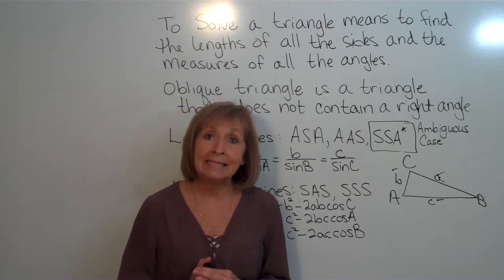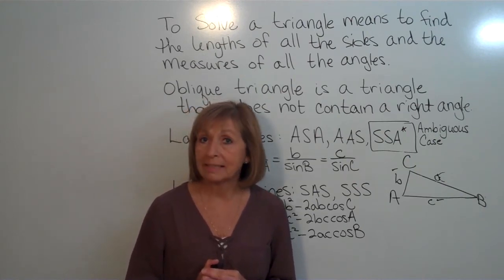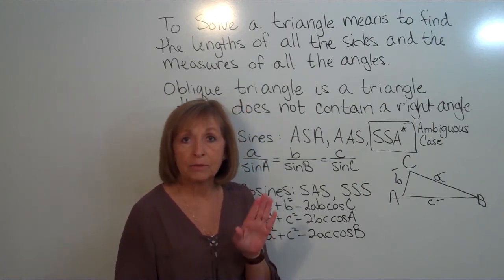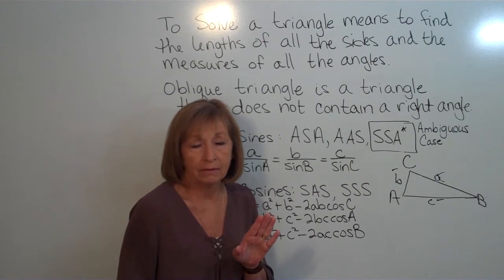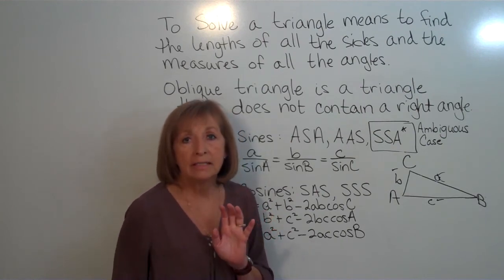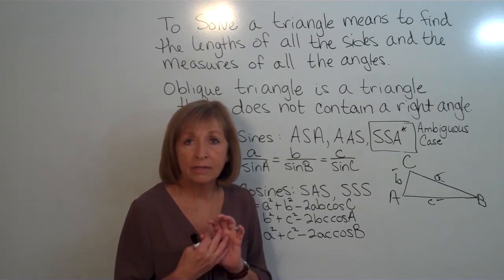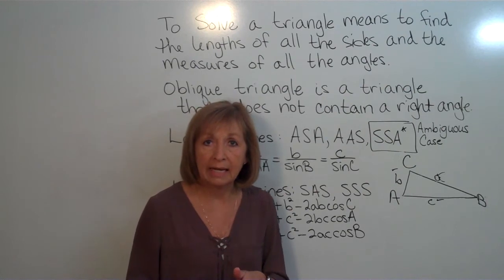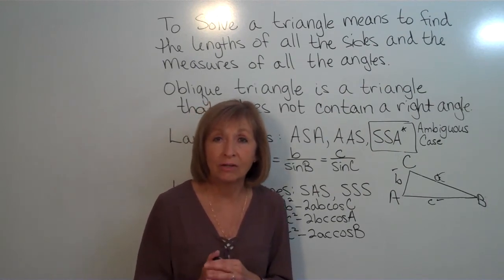The reason is that our inverse sine function will always give us answers between negative pi over 2 and pi over 2 in radians, or negative 90 degrees to 90 degrees. So I won't get that obtuse angle if there is one in a triangle.